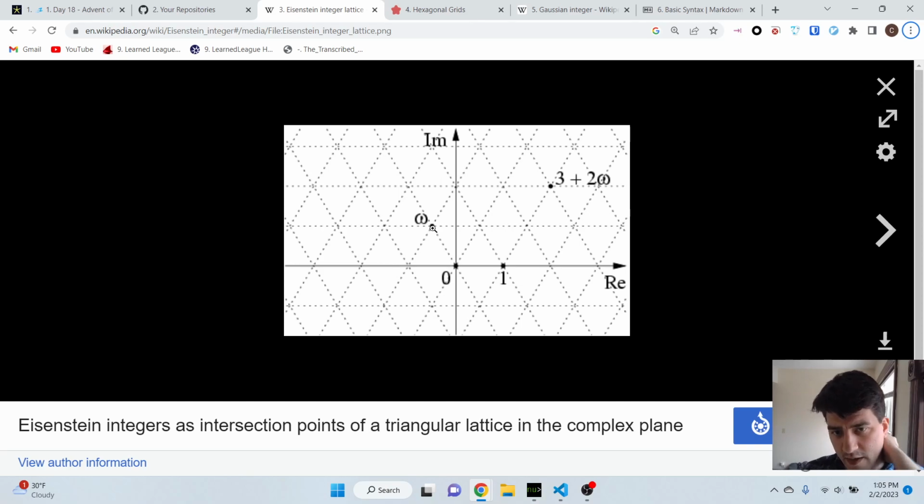Right, so omega squared is this, which is equal to -1 minus omega, right? -1, negative omega.